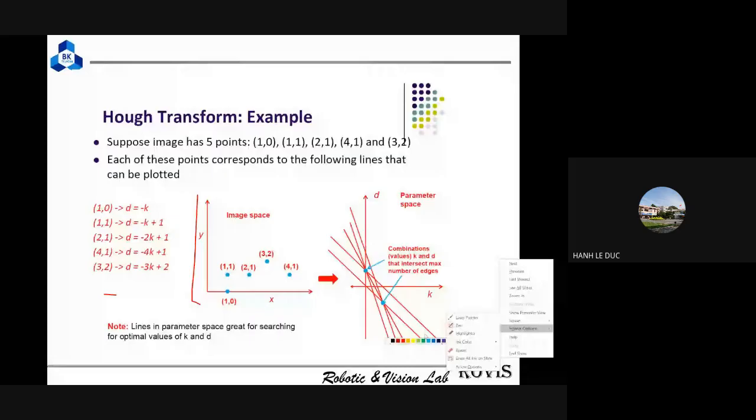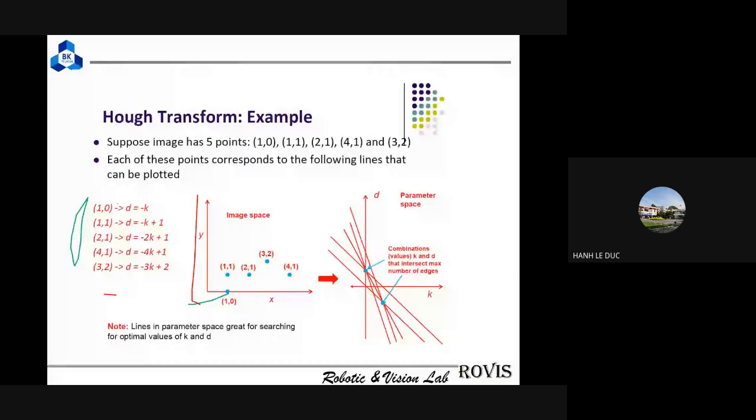So let's see an example here. For example, we have 5 points, and each point we change and roll in the parameter space. From here you can see that many lines intersect.